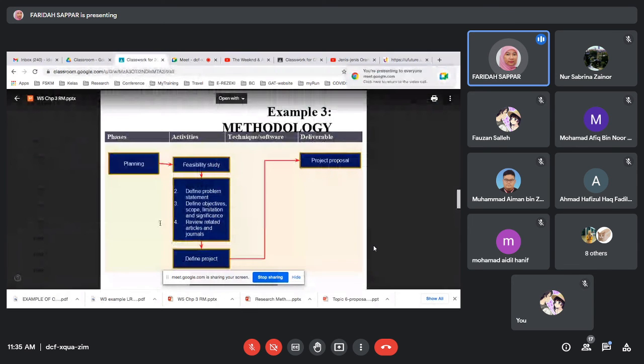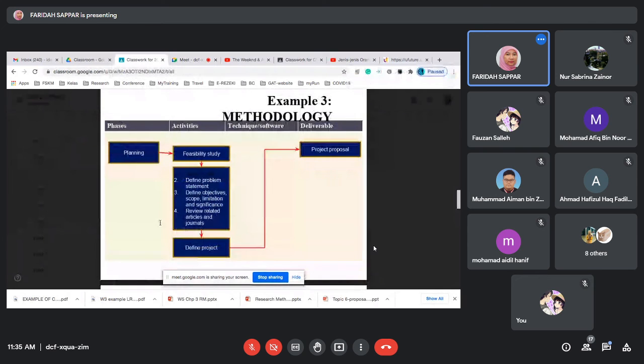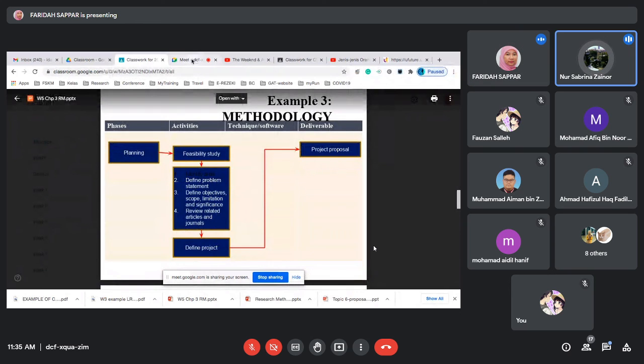Okay, tadi saya dah bercakap sampai sini ke sebelum lagi? Tak sampai sini.